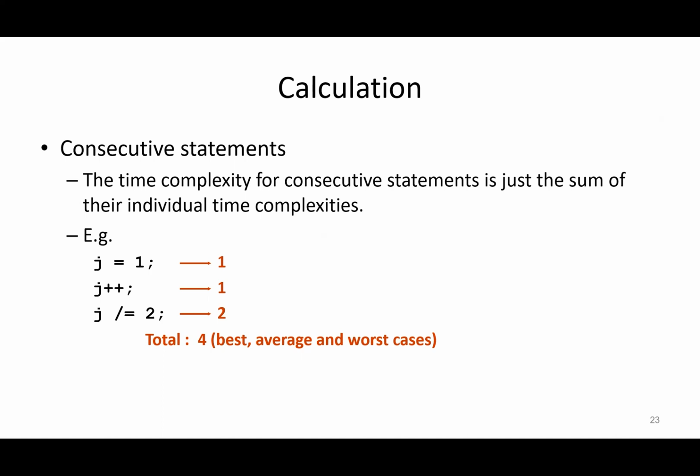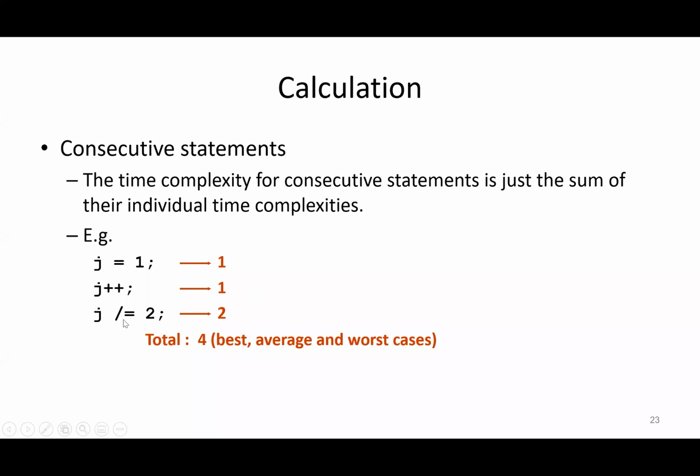Okay, so how do we come up with this f(n) based on the code that you write? Let's look at if you have consecutive statements in your code. The time complexity for consecutive statements is you just add up the sum of the individual time complexities. For example, if you have an assignment, this will take one step. j++, an increment operation, is also one.